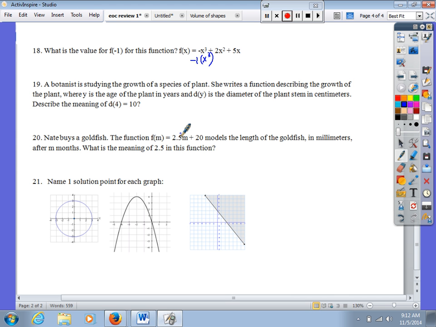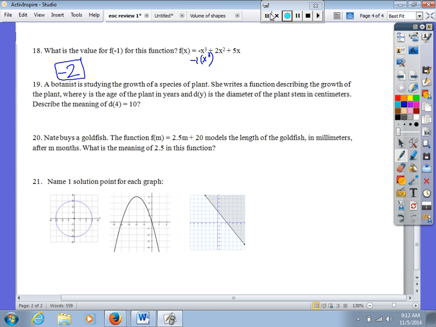So when I go to plug it in, you would have negative 1 times negative 1 to the third plus 2 times negative 1 squared plus 5 times negative 1. And your answer should be negative 2. Anybody get that? So you plugged it in wrong. We'll practice that one tomorrow on the computer too.